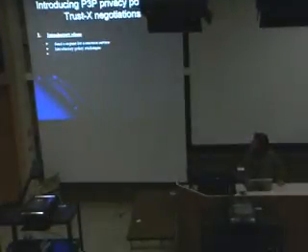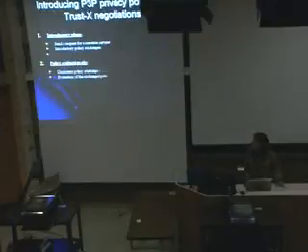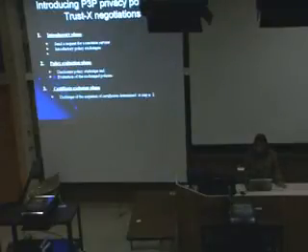So the other solution that I mentioned earlier for dealing with privacy was about the introduction of P3P privacy policies in trust negotiations. So what we did was the following: having the basic trust negotiation protocol, and this is the same slide as I showed earlier, so the same flow: introductory, policy evaluation, and certificate exchange phase.